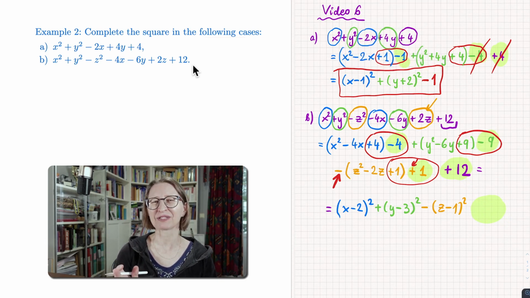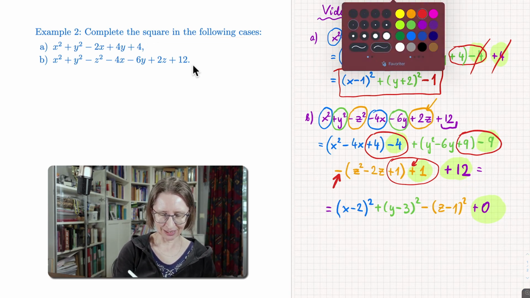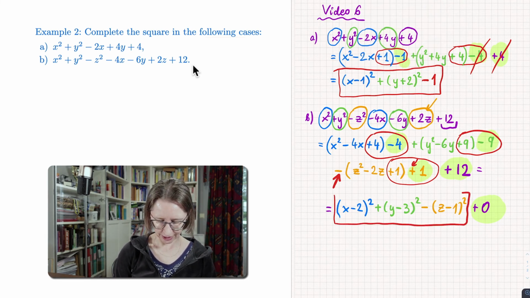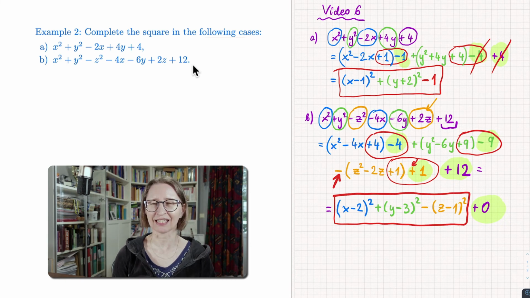Minus 4 minus 9 is minus 13, plus 1 is minus 12, plus 12 is 0. So it's just plus 0. So I don't even have to write it. This means that my expression is equal to this expression here. I have just completed the square in 3 variables, 1 variable at a time.